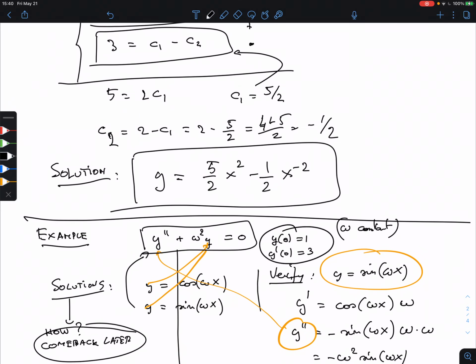Okay, I want to leave it here. There are little things here and there that I'm not spending too much time on. So this is now the homogeneous one. In the next lecture, I want to also explain what we do when we deal with a non-homogeneous one.